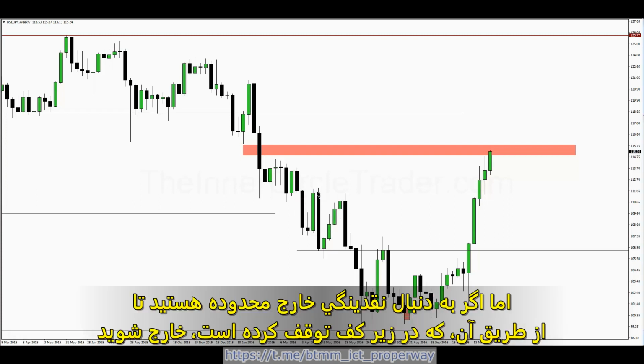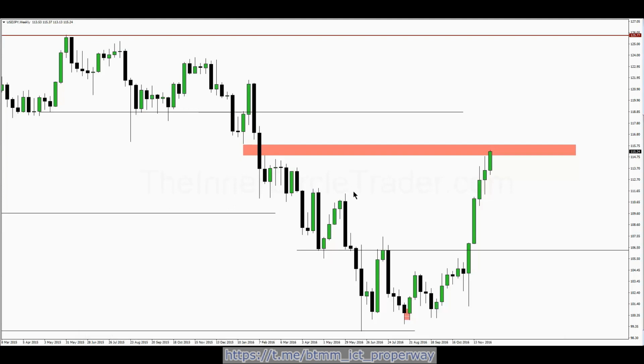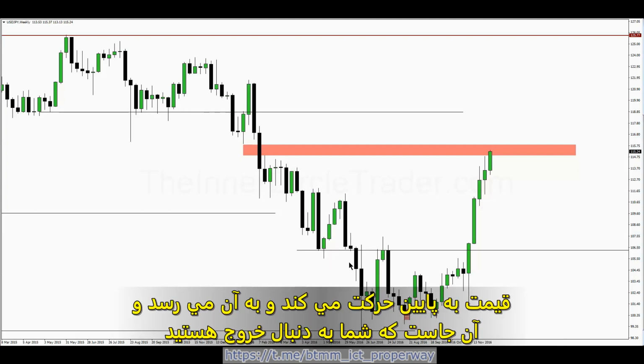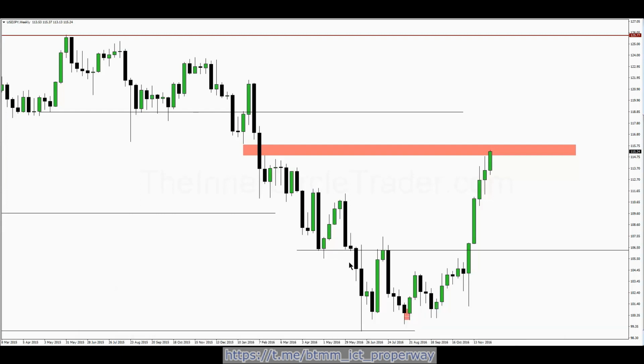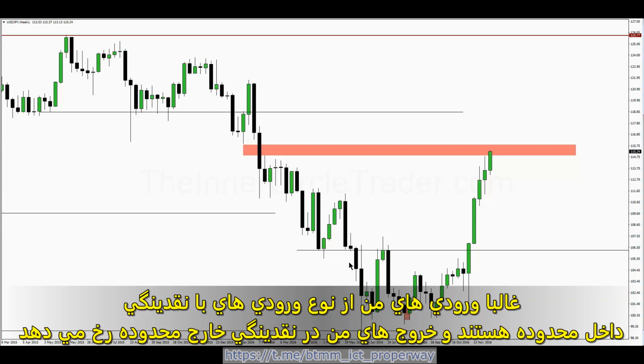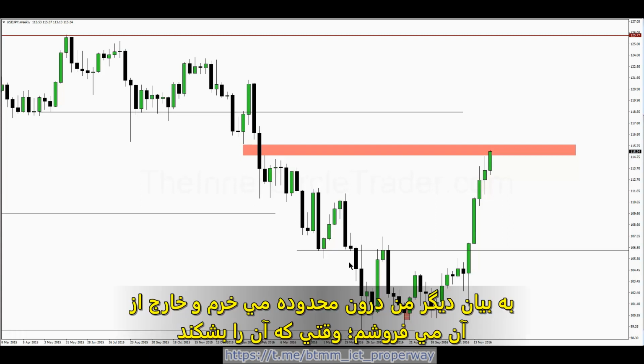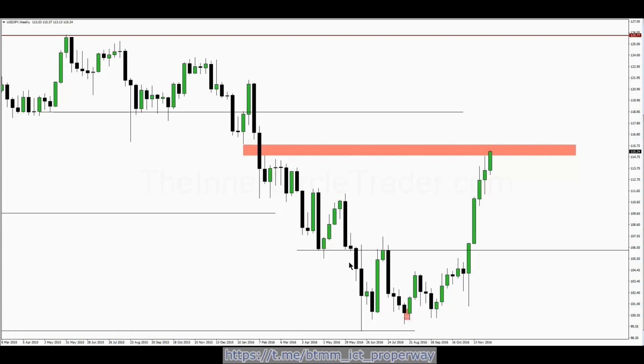But you're going to be looking for external range liquidity to exit on, which is a stop below the low. Price runs down, hits that, that's where you would look to exit. Predominantly, my entries are internal range liquidity entries with exits at external range liquidity. In other words, I'm buying inside the range and selling it outside the range once it breaks it.